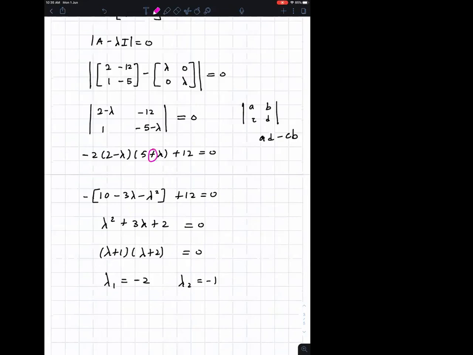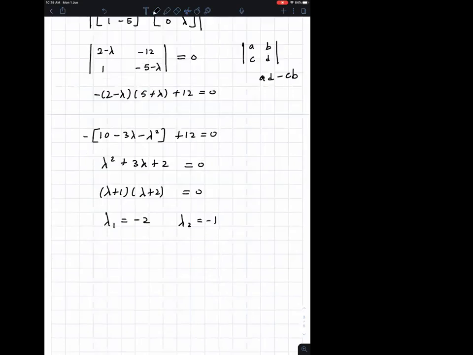So since I'm pulling out the negative sign from here, why is there -2? Oh, in front, there's no negative. Sorry, this is a typo error. There shouldn't be a 2. Good question. Keep it up, guys. There's no -2. Thank you for noting that.